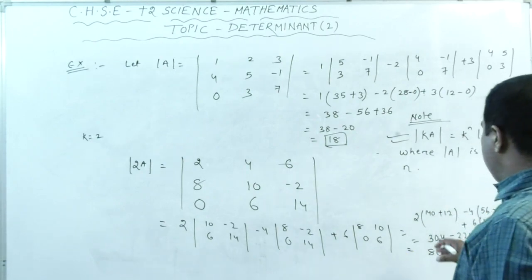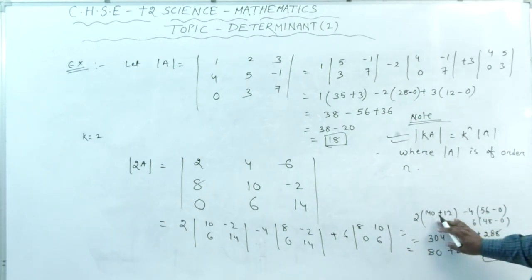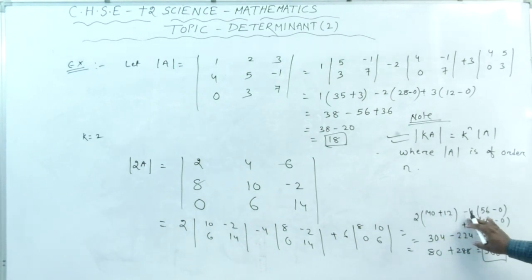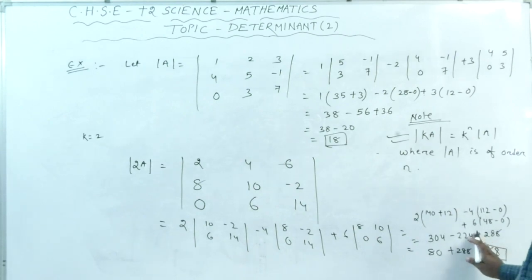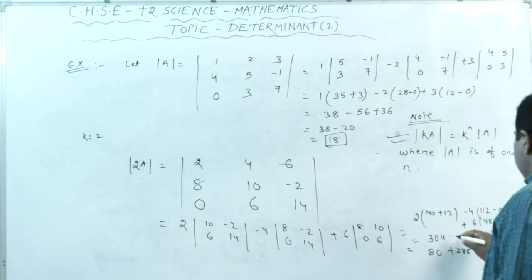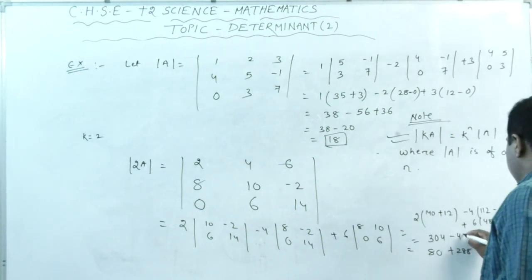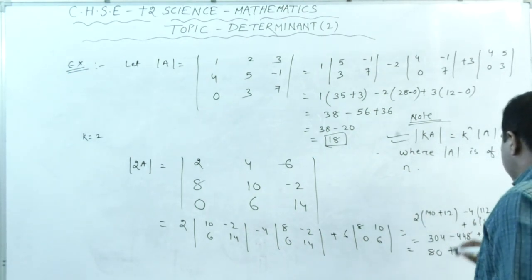So it is 140 plus 12, minus 4 times, here I made a mistake, it is not 56, it is 112, and it is 48. If we multiply it, what do we get? It is 448.